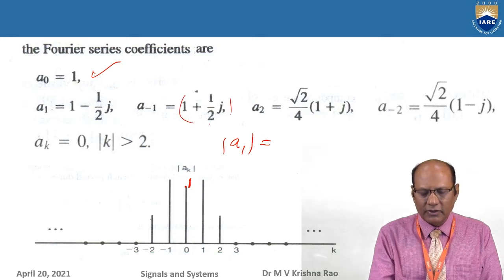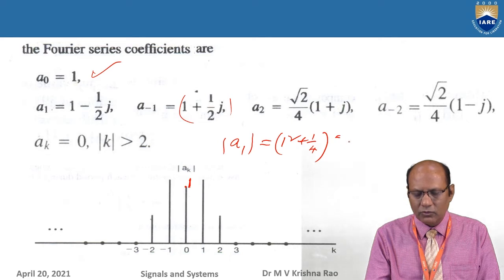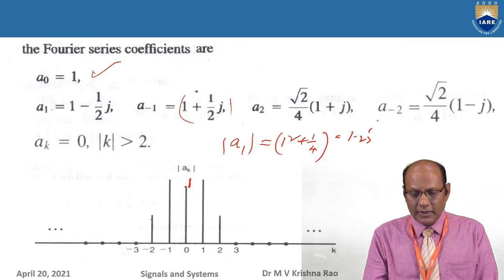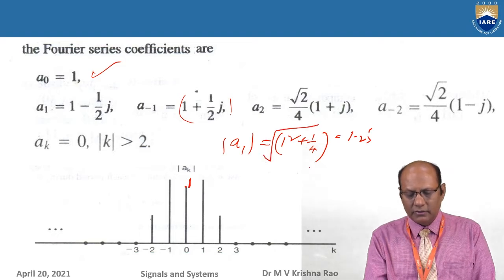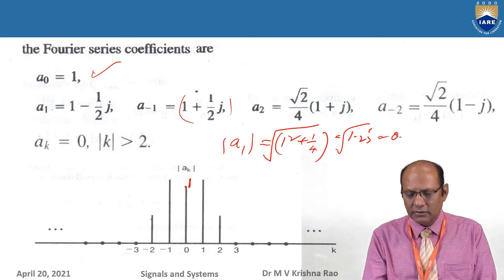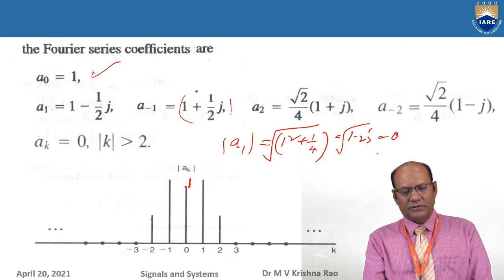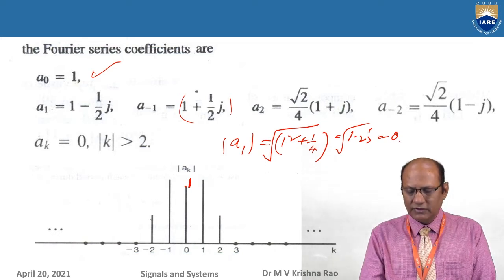It is the square root of 1 square plus 1 by 2 square, that is 1 plus 1 by 4, so 1.25. The square root of 1.25 is something you will get.